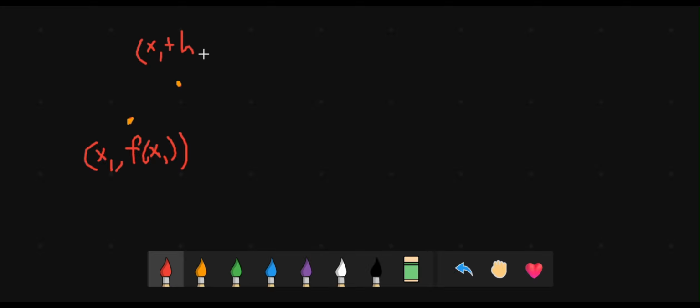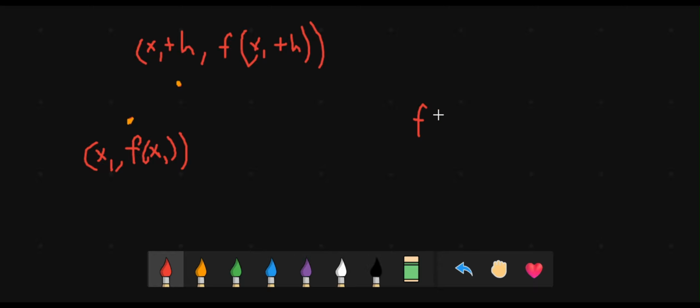You might be thinking, well, what's the use? Alright, so the y coordinate is going to be f of x1 plus h, right? Okay, now we have a new set of coordinate points, and now the expression is just longer. Alright, let's just do it. So now, what's the slope once again?